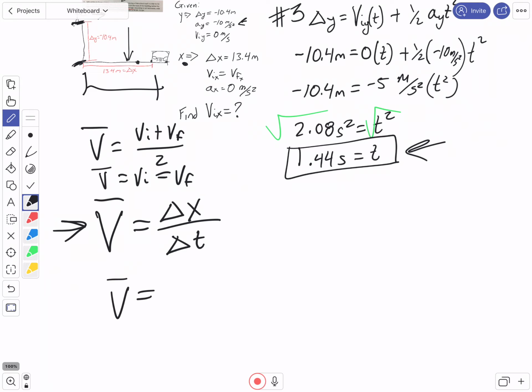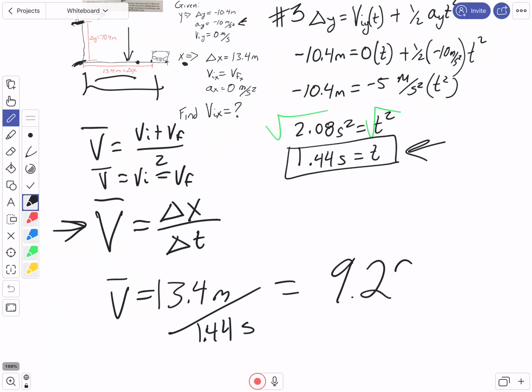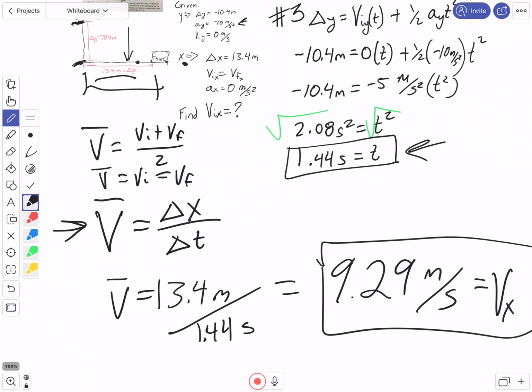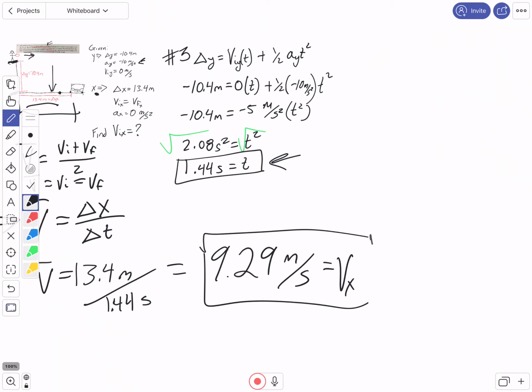So that gives us our change in x, 13.4 meters, divided by 1.44 seconds, which will give us 9.29 meters per second. And this is our velocity initial in the x, or our velocity final in the x, because it does not accelerate. And that's the answer we're looking for.